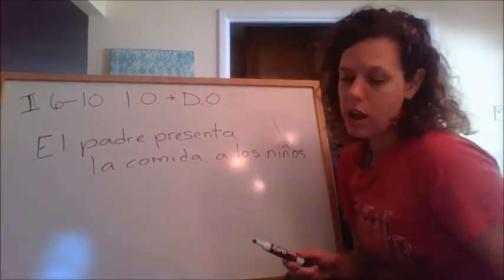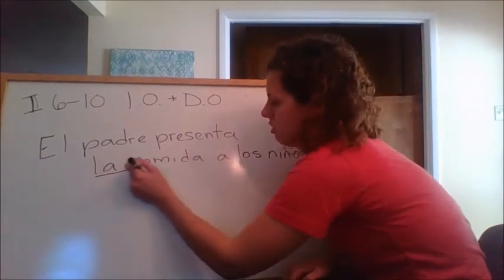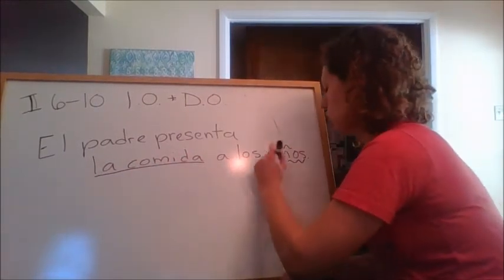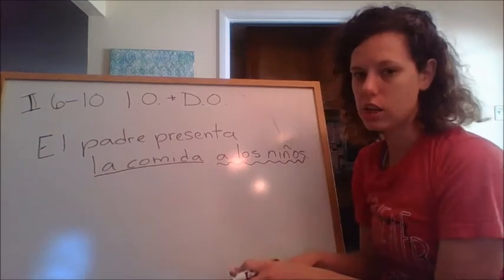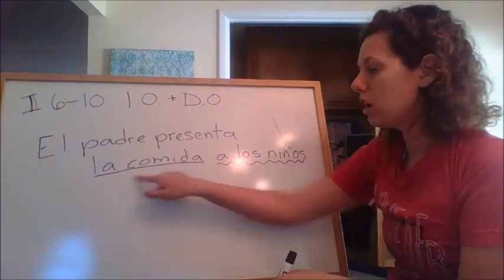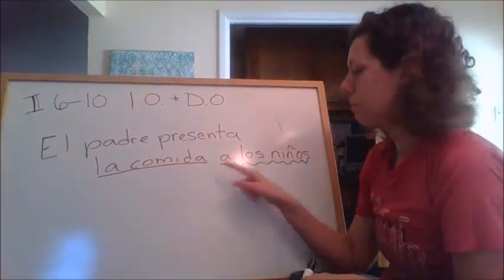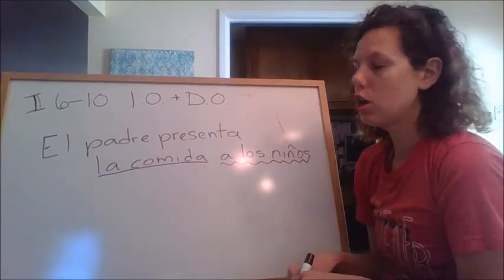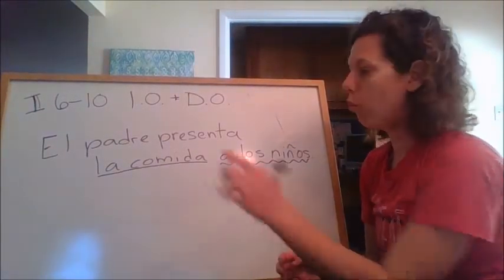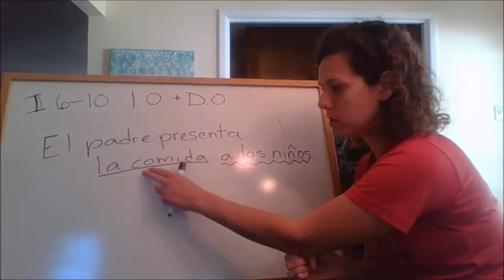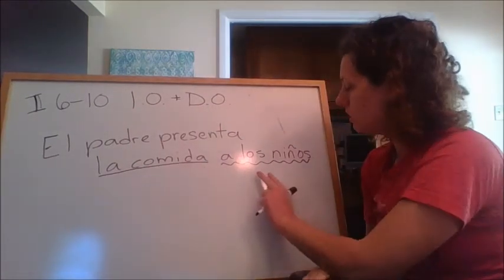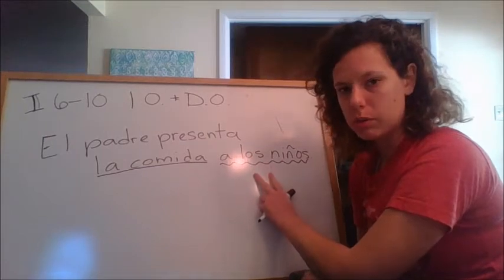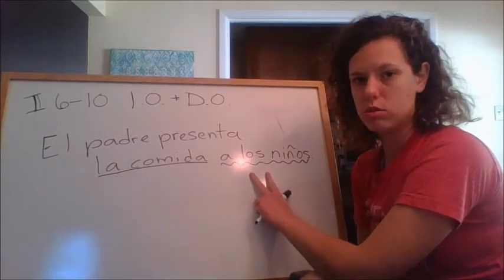All right, so I've got this underlined and this squiggly line. So this is kind of what it looks like on your test. Straight underline is the direct object. The squiggly underline is the indirect object. So you have to decide what direct object pronoun is going to replace la comida, and you have to decide what indirect object is going to replace a los niños.